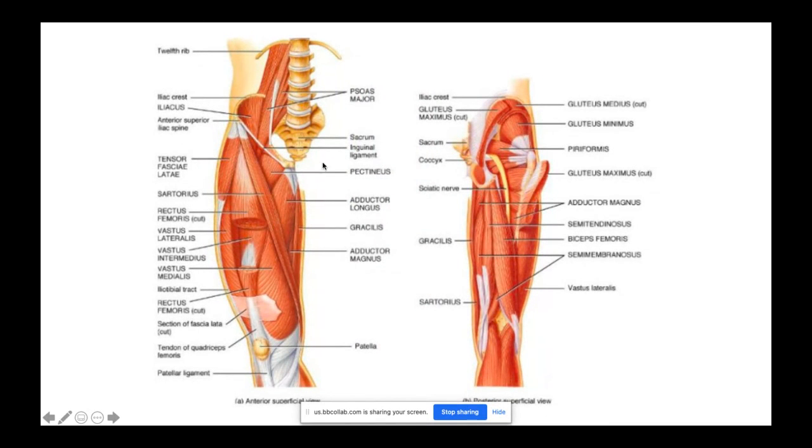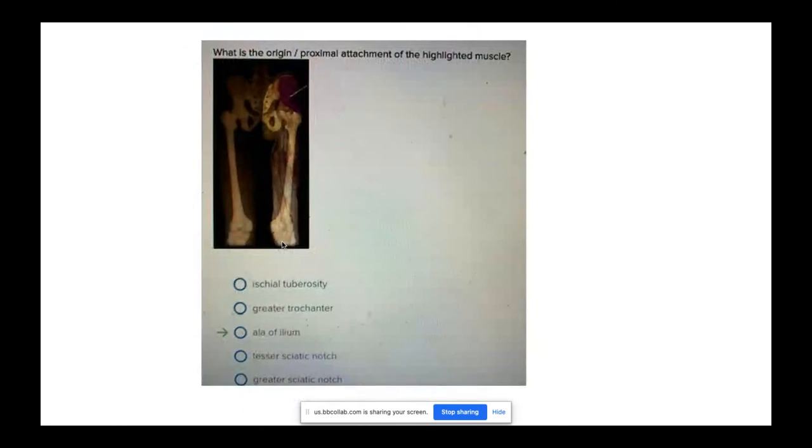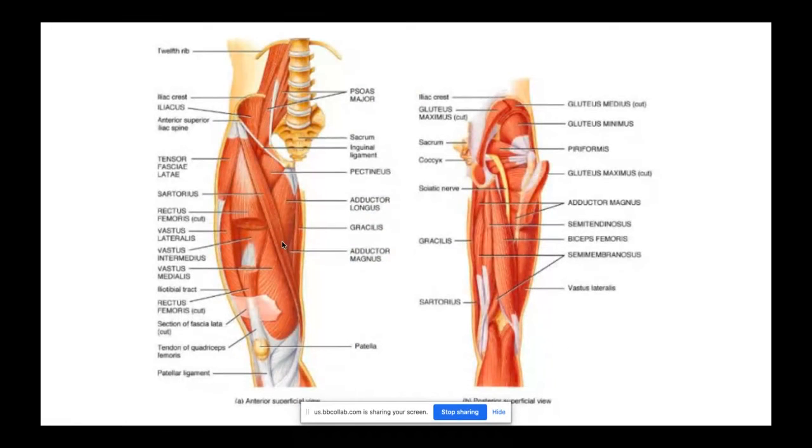Okay, when we look at the thigh, this is the anterior thigh muscles, and this is the posterior thigh muscles. I put these here as reference, so as I move along, you can always come back to look at that. Generally speaking, in the front of the thigh, we have quadricep muscles, and there's 4 of them, the 4 quads. They're called the vastus sisters. So there's the vastus medialis here.